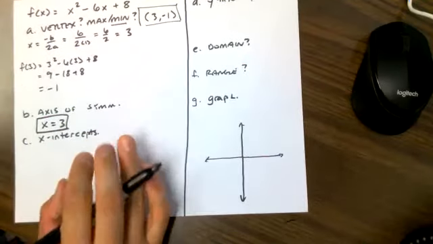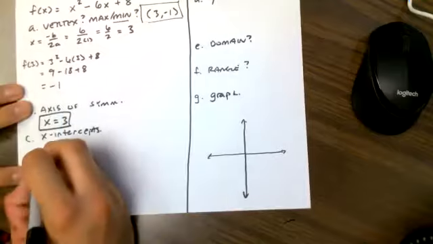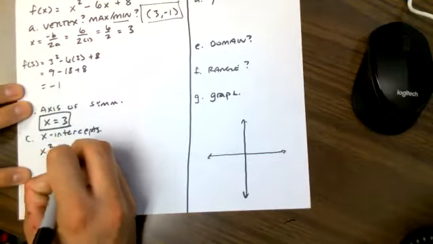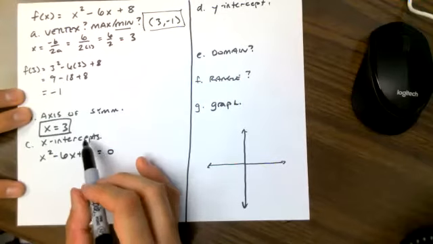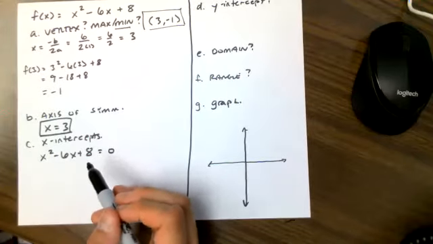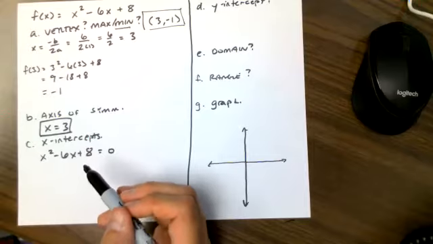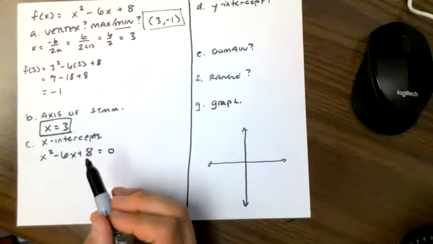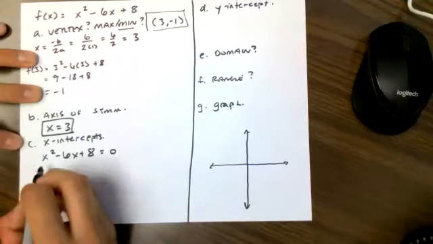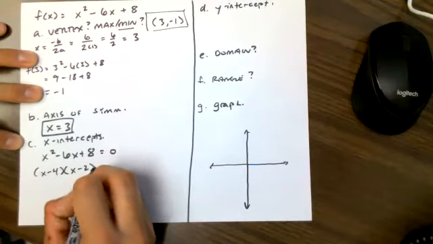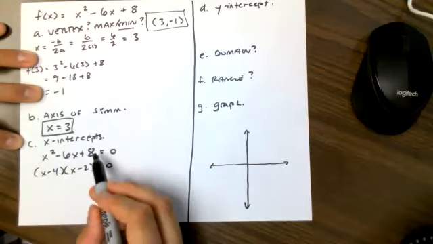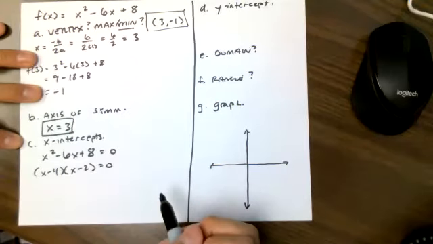X-intercept. So I've got to set this whole thing equal to 0. This is when you could solve this with the quadratic equation. Actually, I think this one solves by factoring. That's why I chose it. So let's solve this one by factoring. So we get x minus 4, x minus 2 equals 0, multiplies to give me 8, adds to give me negative 6.